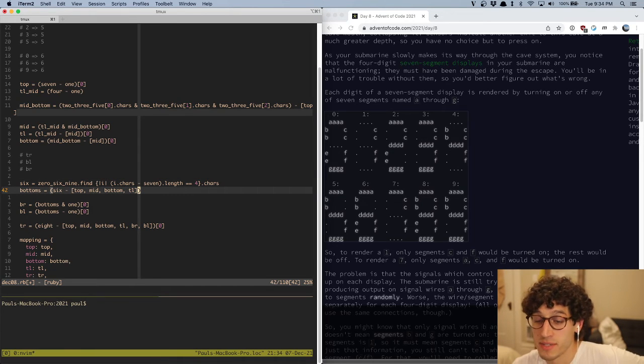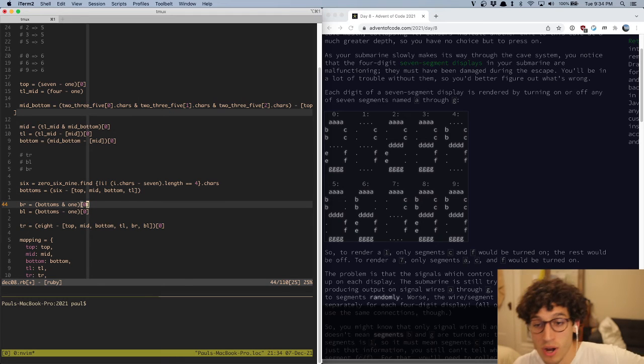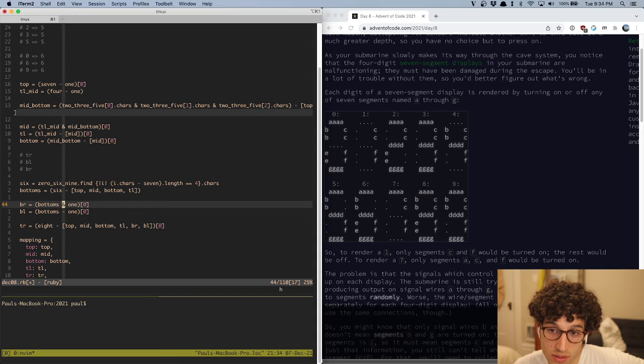And then from the 6, I subtract the top, the mid, and the bottom, and the top left, and that gives me the 2 bottoms.